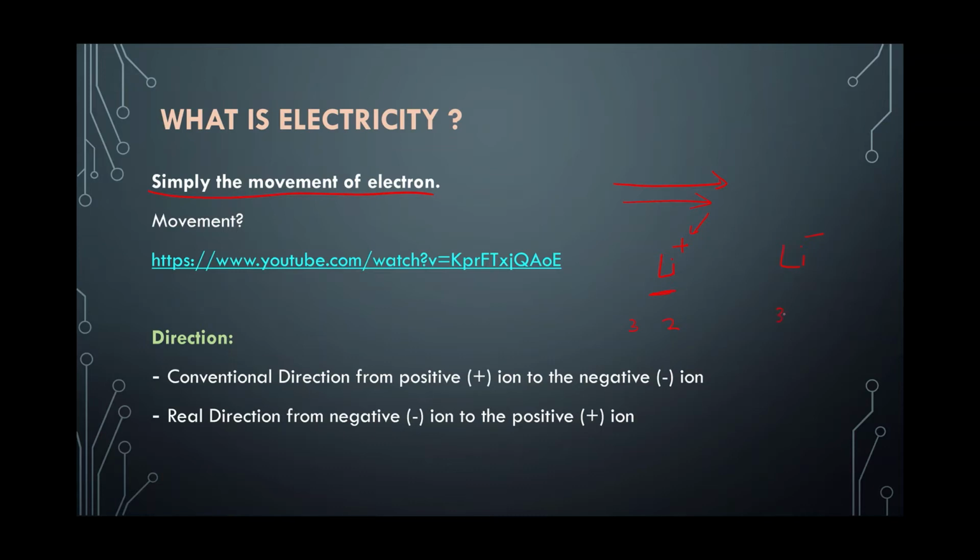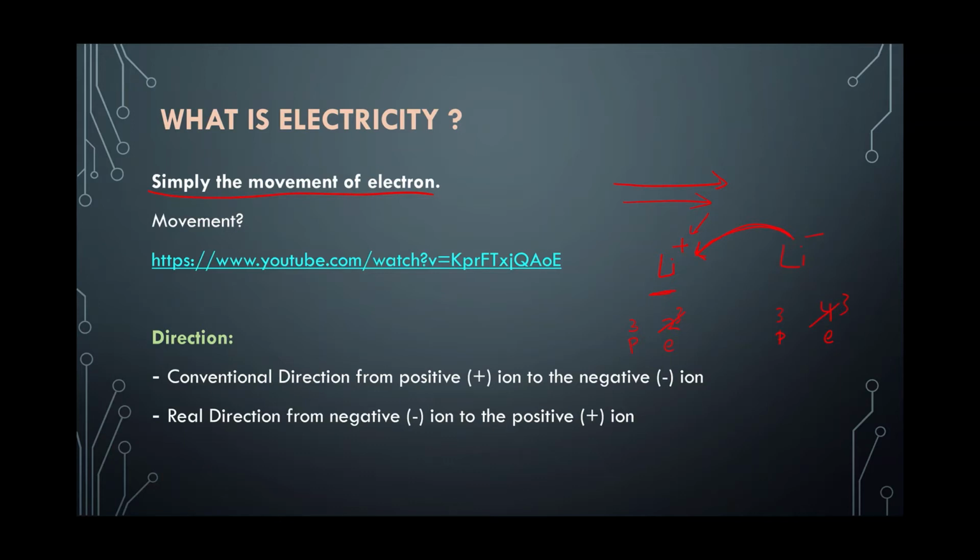Here, the number of protons is 3, the number of electrons is 4. Now, to achieve the balance, the direction for the electron should be from here to here. So this one will gain an electron to be 3, and this will lose an electron to be 3, and this atom will gain an electron to be 3 and achieve the balance. So the direction naturally, or the real direction, is from negative to the positive.